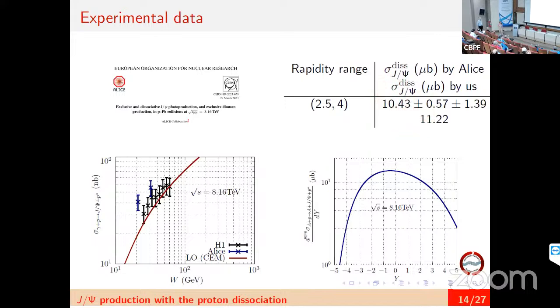When you do the calculations, do you consider color octet? No, just the color evaporation model, where we integrate over the invariant mass from the mass of J-psi until 2 times the mass of the D meson.